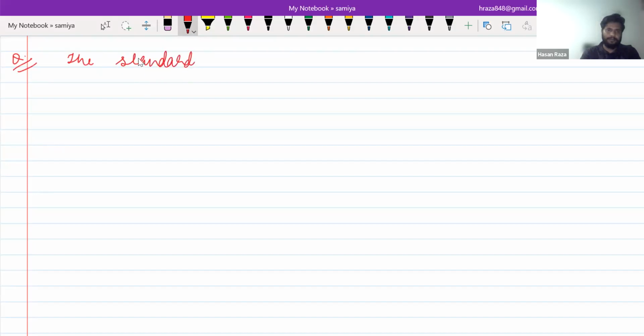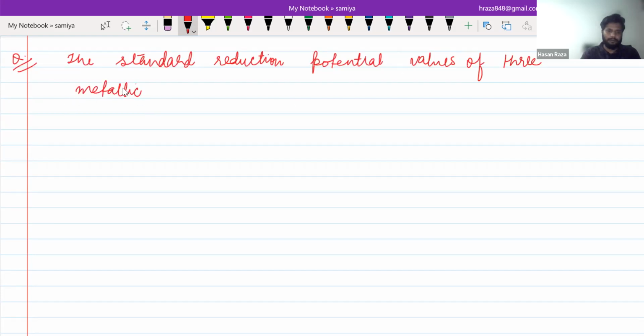The standard reduction potential values of three metallic cations, X, Y, Z are 0.52, -3.03, and -1.18 volt respectively.